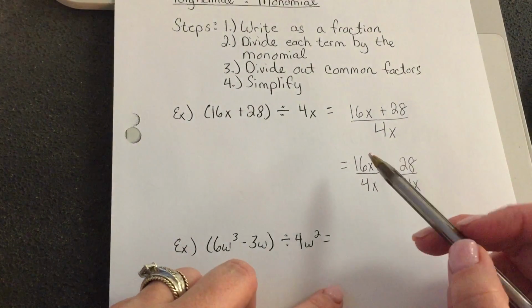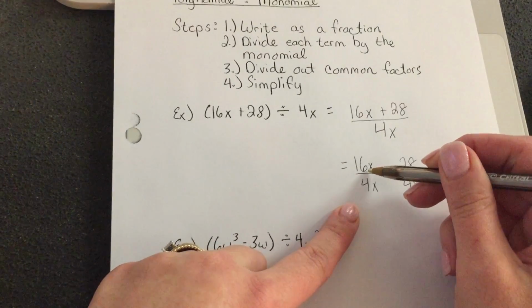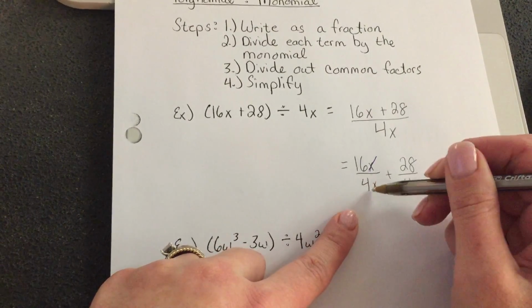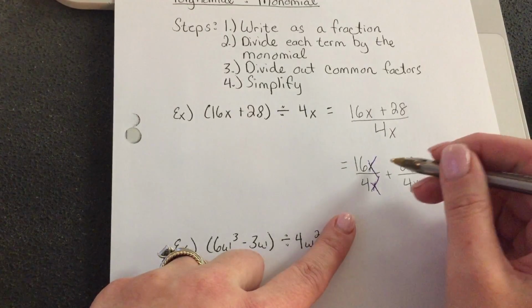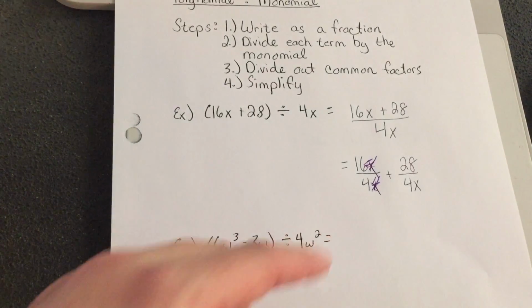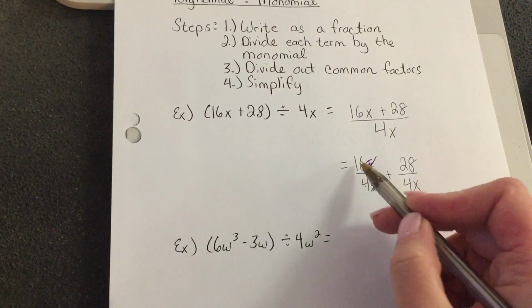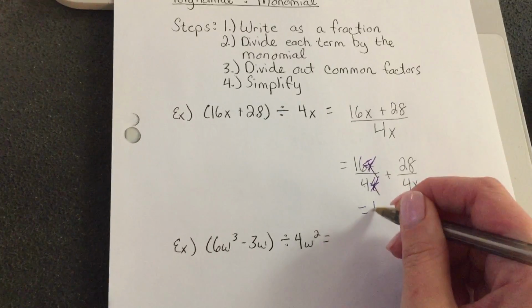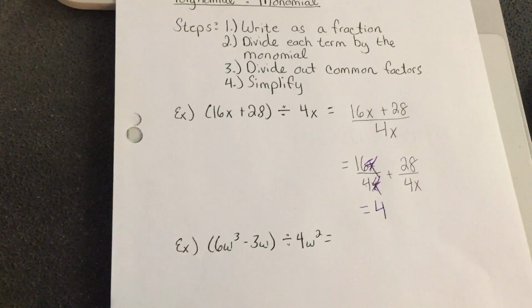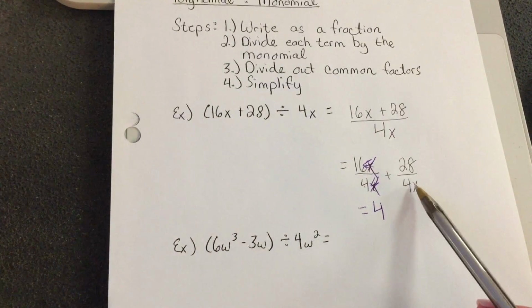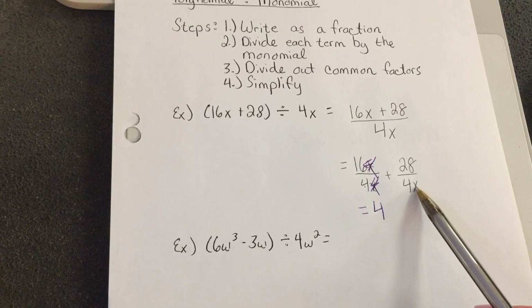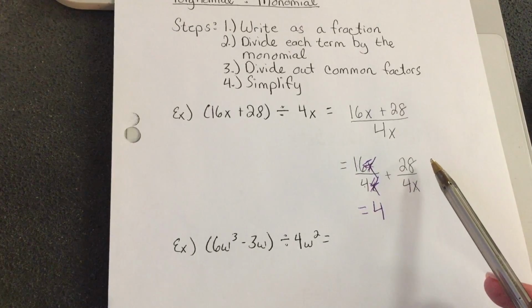If I pull an x out and an x out, those cancel each other. So now I'm left with 16 over 4, and if you simplify that, 4 goes into 16 how many times? 4. Now, I cannot pull an x out of the denominator because I don't have an x in the numerator.